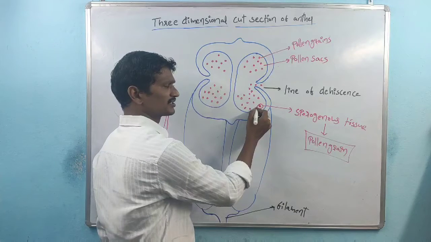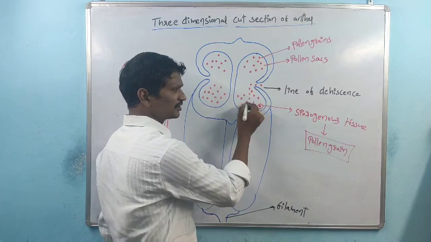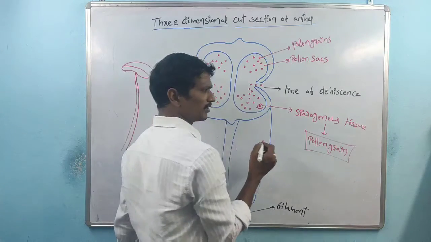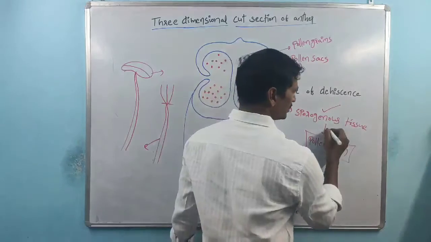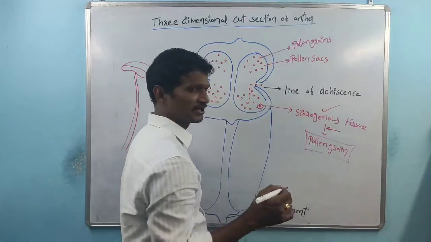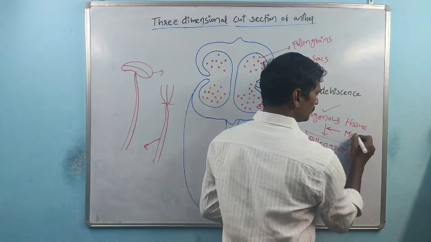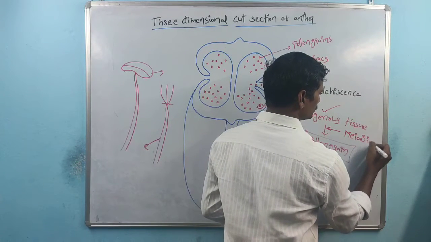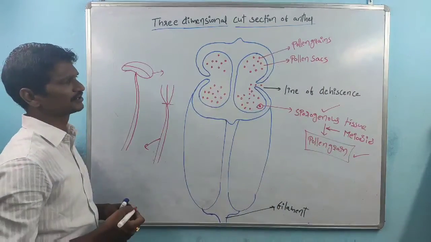The microspore mother cells undergo meiosis, which produces the pollen grains. So this tissue, the spore mother cells, undergoes meiosis and produces the pollen grains.